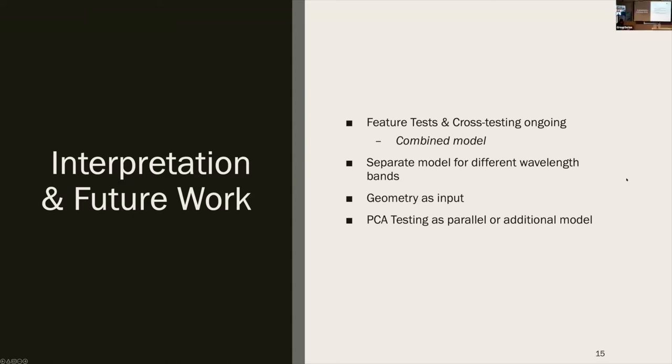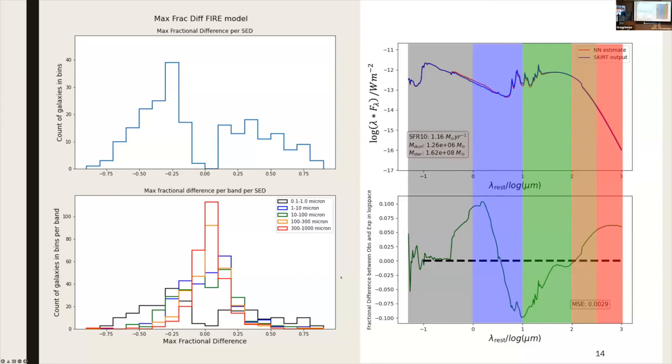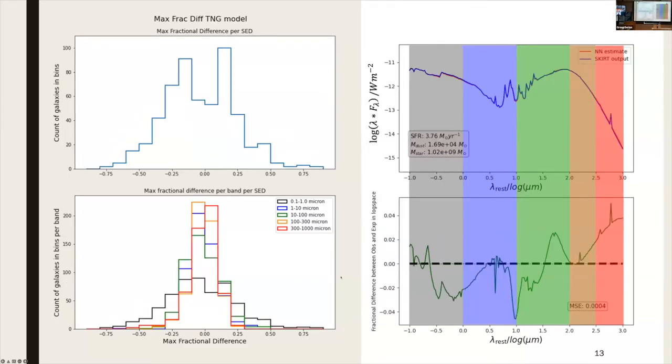Can you hear me? Yeah. Okay, awesome. That's really awesome work, Snigdha. I was actually really curious as to the fractional difference plots. Is there any expectation that structures in this fractional difference line correlate to physical interpretations, or is it just random noise?